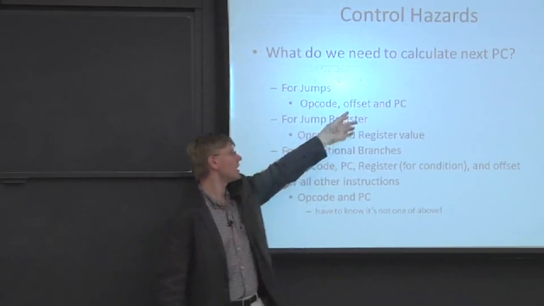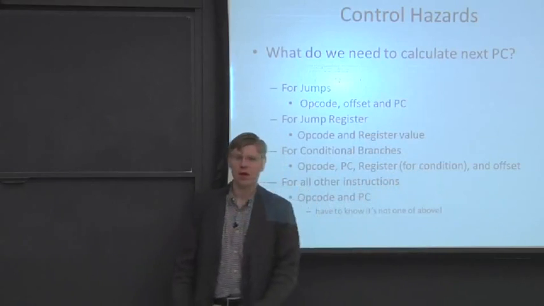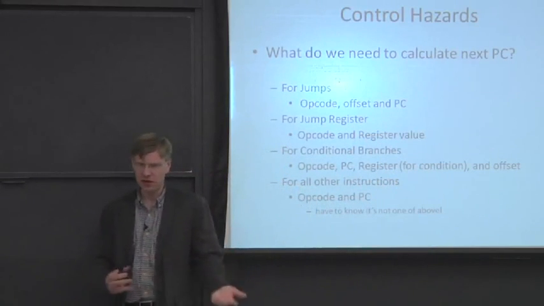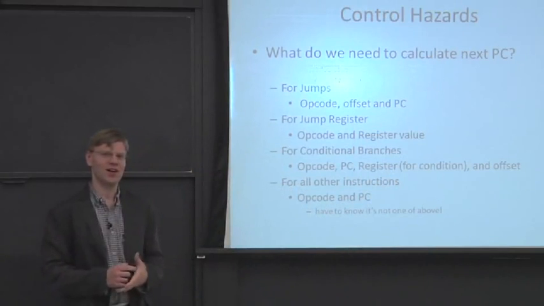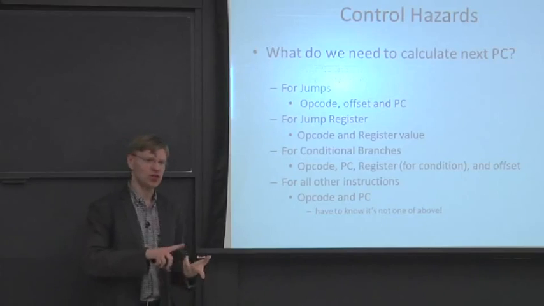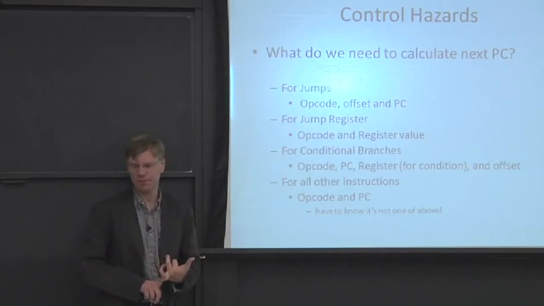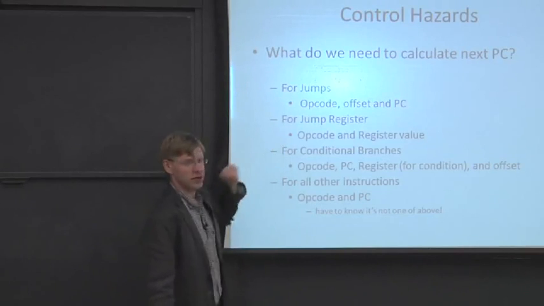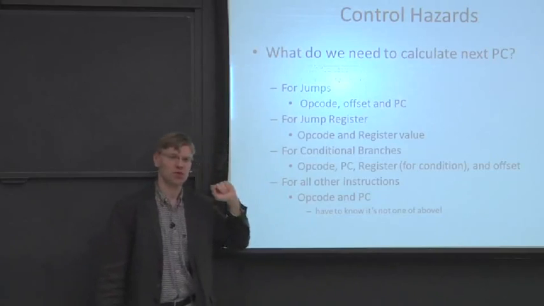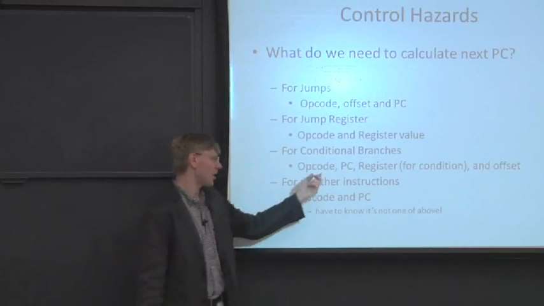We don't need to look at any offset because we are jumping directly to a register value in something like MIPS. In other instruction sets, you might need to look at other sorts of information. You might have, for instance, a register indirect jump register type of instruction, or even a memory indirect jump instruction.